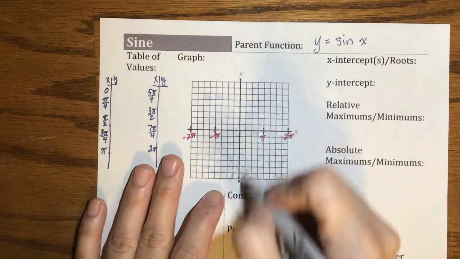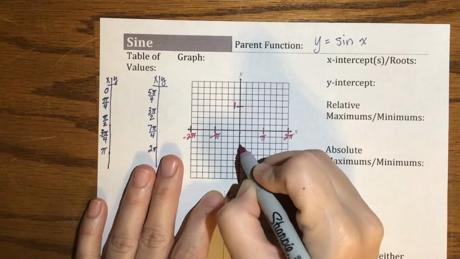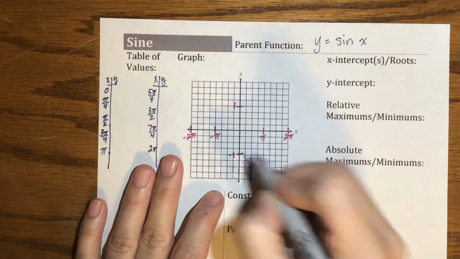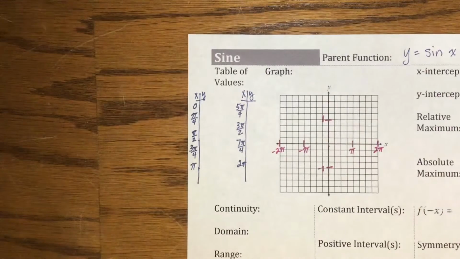And then on our y-axis, 1, 2, 3, 4, that's 1. 1, 2, 3, 4, that's negative 1. You'll see why I only need those particular values shortly.